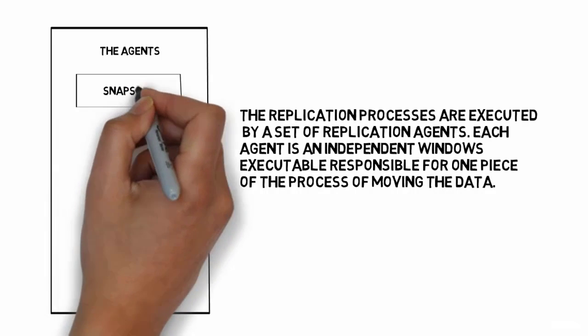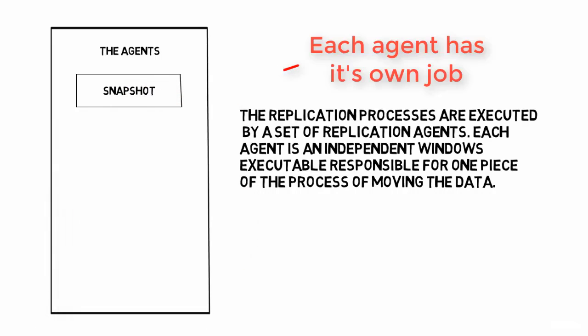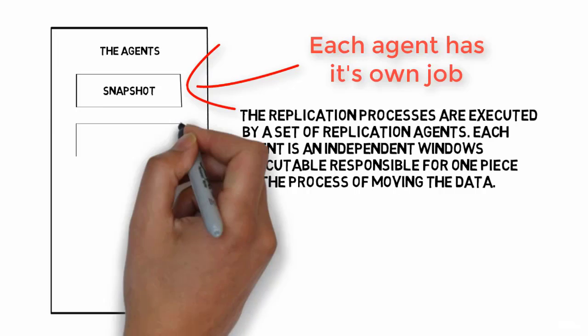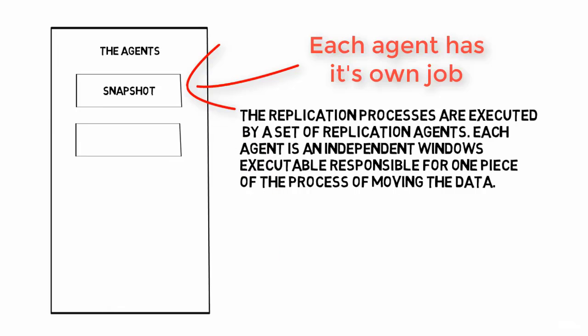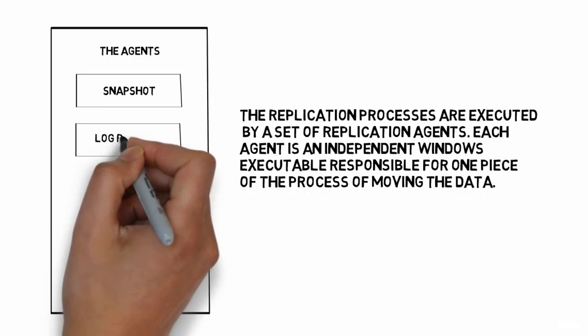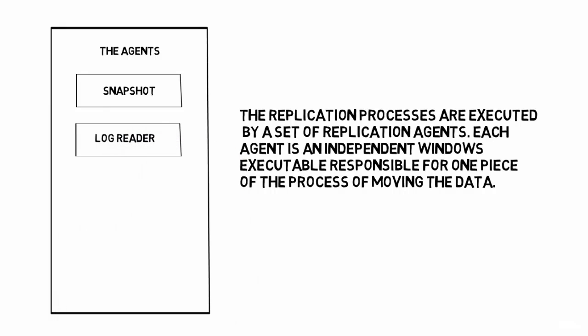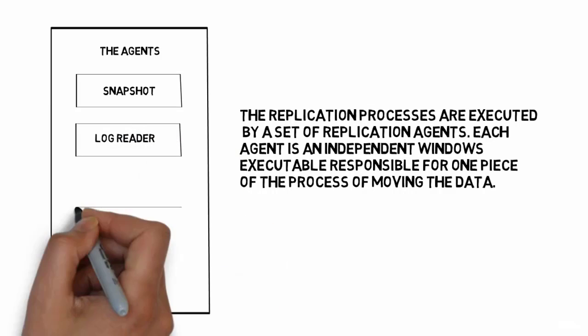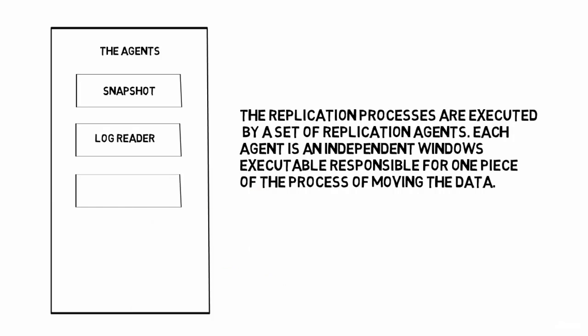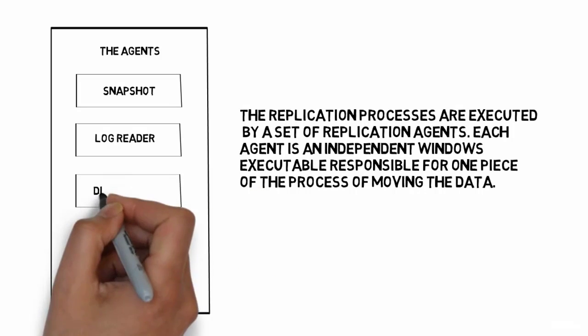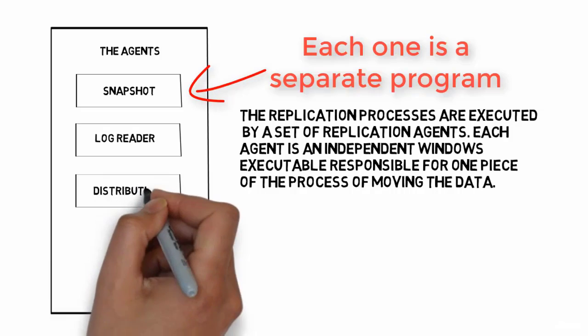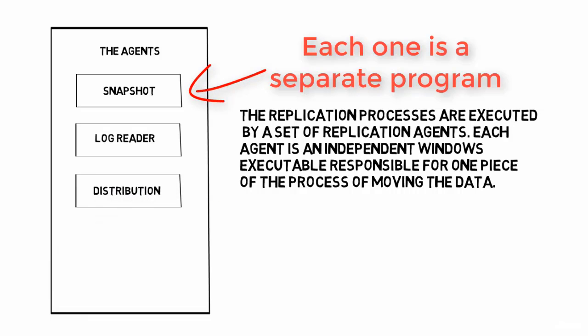Most of these agents usually run on the distributor, although some can run on the subscriber. The publisher houses replication agents only when the publisher and the distributor are on the same instance, and that's very rare. Now, instead of relying on the SQL Server Agent, you can execute any of the replication agents manually or by some other scheduling means, like a task scheduler.